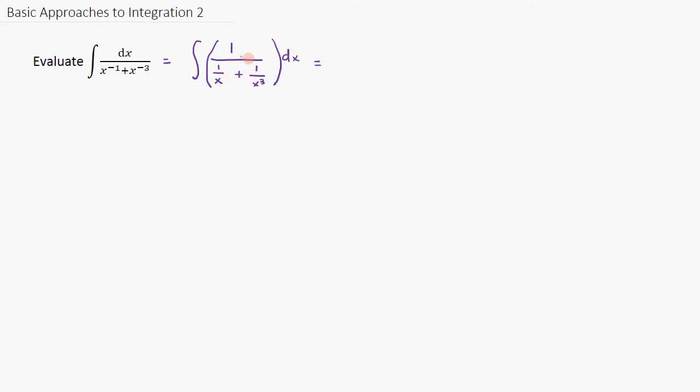And then now we want to simplify this complex fraction by combining this into a single fraction. Right, so the common denominator is x cubed, so I multiply this one by x squared over x squared. And then this one is already x cubed, so I don't have to change the denominator, so plus 1.